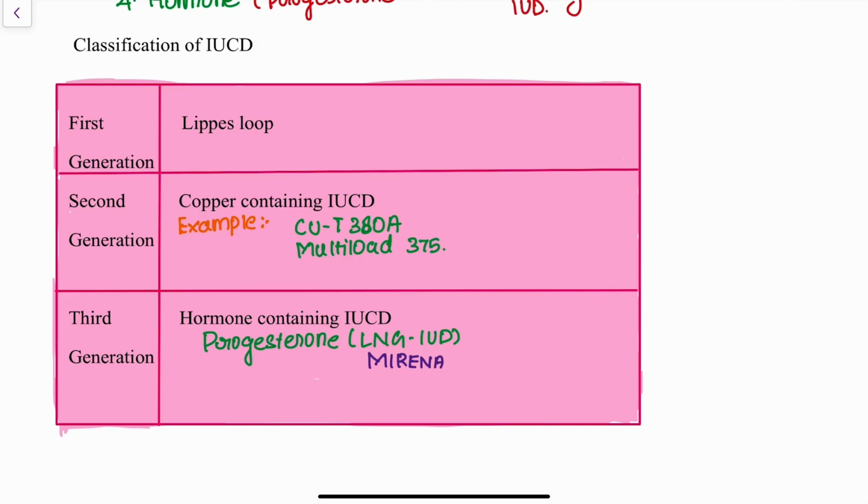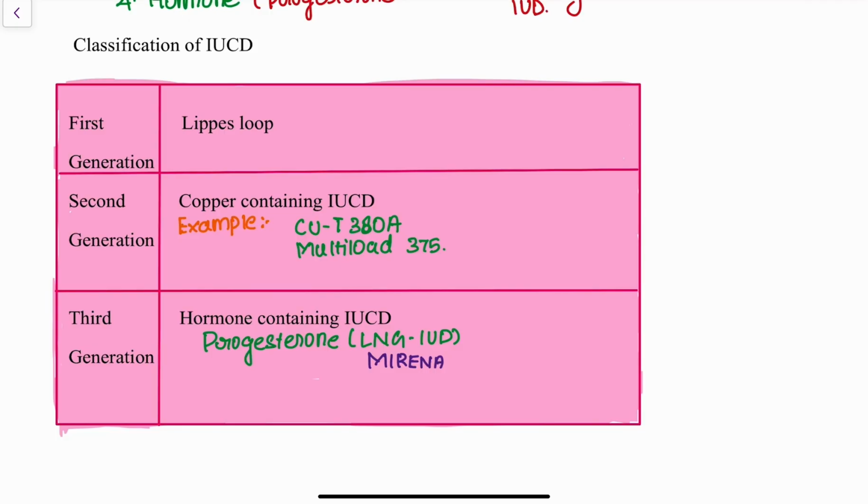Okay. So now we move on to the classification of intrauterine contraceptive devices. Basically we have three classes: the first generation, the second generation, and the third generation intrauterine contraceptive devices. Clear? So we have three generations, first, second and third.